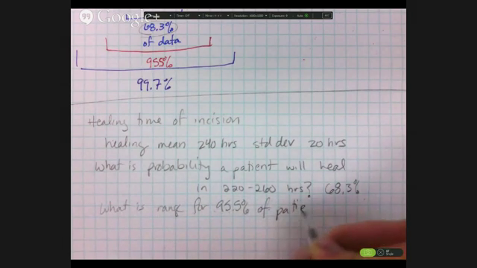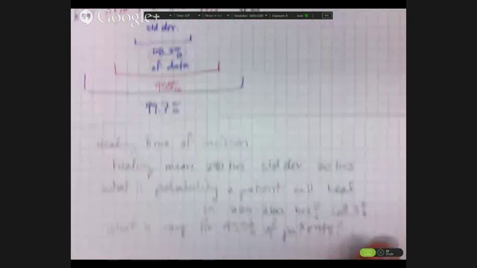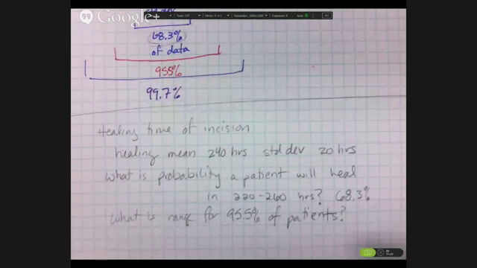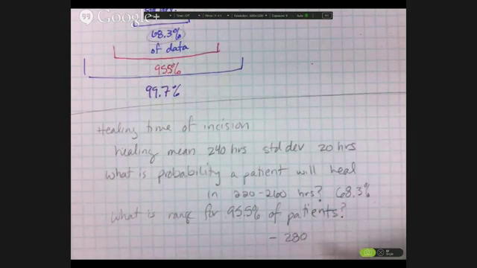What's the range for 95.5% of patients? Okay, 280 is the top. What's the bottom?